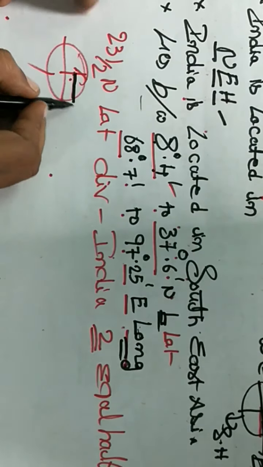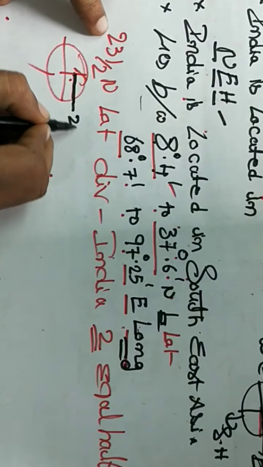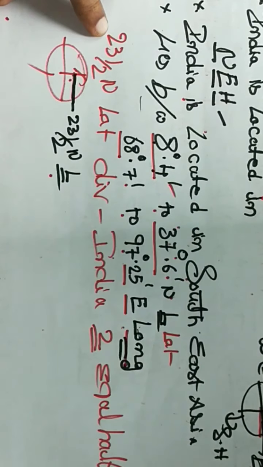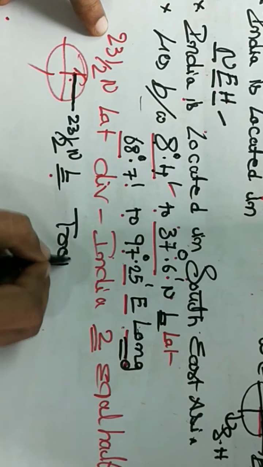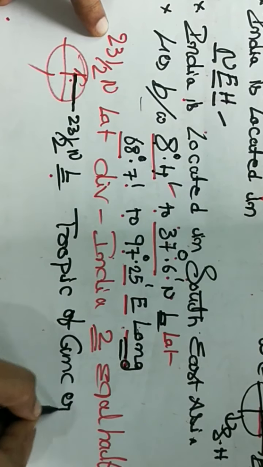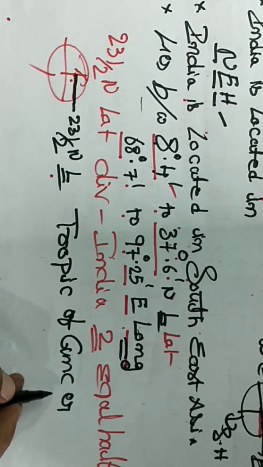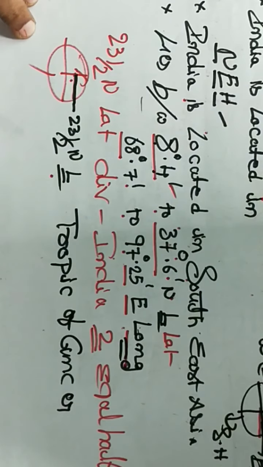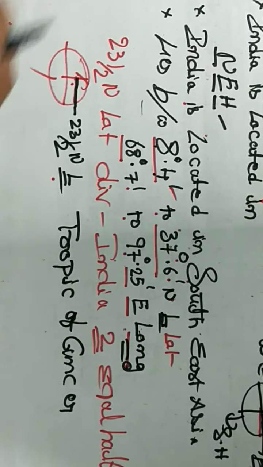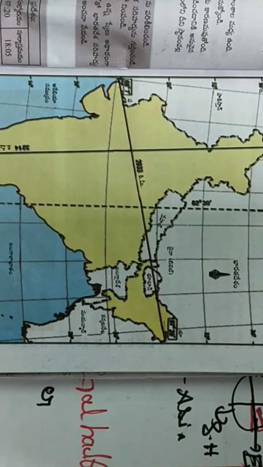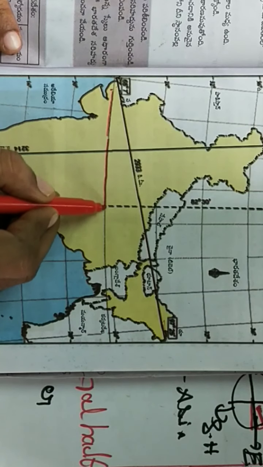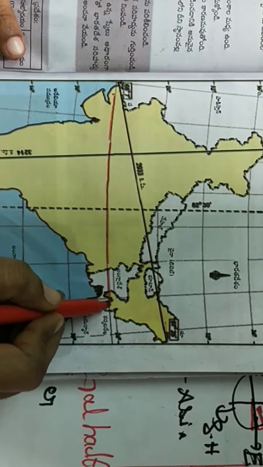This is the 23½ north latitude. This is called the Tropic of Cancer. This Tropic of Cancer divides India into two equal halves. See this dotted line. This dotted line is the Tropic of Cancer.